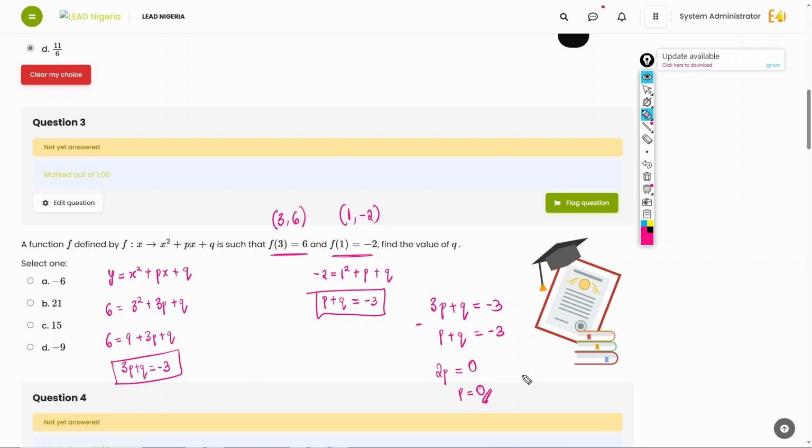So I'm getting p as 0. And so if I solve for q, q gives me minus 3. So I got p as 0 and q as minus 3. So the correct answer is not there. Correct answer is not in the options.